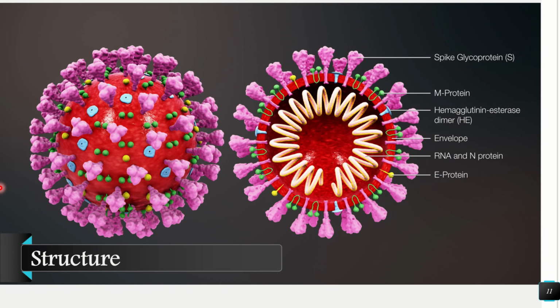Structure. You have to pay close attention to the structure of the severe acute respiratory syndrome coronavirus 2. This is the base to understand the replication cycle and the pathogenesis. Coronaviruses are named for crown-like spikes on their surface.